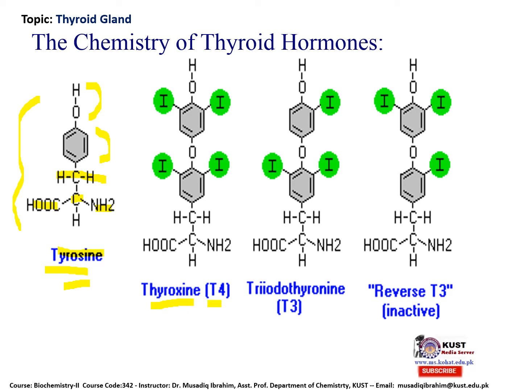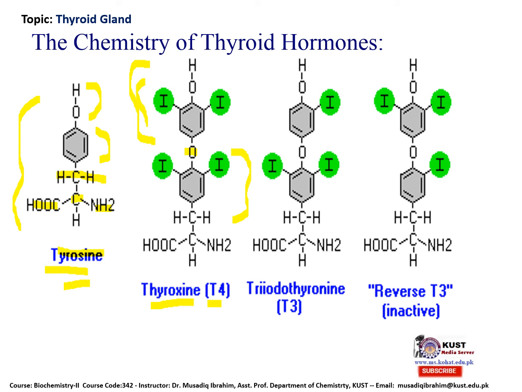T4. This is one of the modified structures of tyrosine, and then another tyrosine molecule is attached covalently with an oxygen linkage to the above tyrosine molecule.